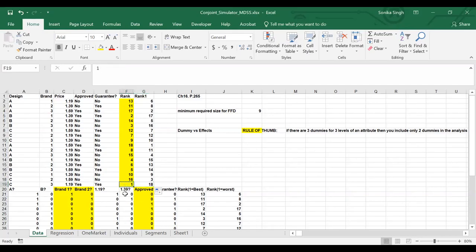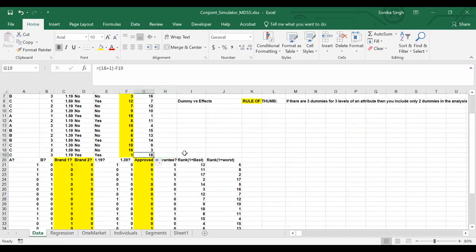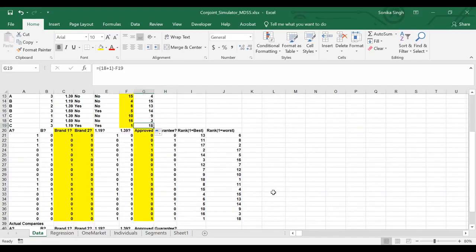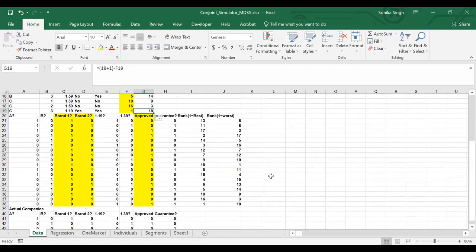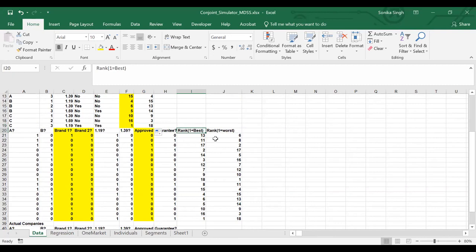That means 1 was the best choice for the consumer. Now for regression analysis, we have converted that to a higher number, 18, which represents the highest utility and the highest preference for this particular consumer. It is easier to work in descending order in regression because you are able to interpret the coefficients much more easily. That's the reason why we are converting the rank order.